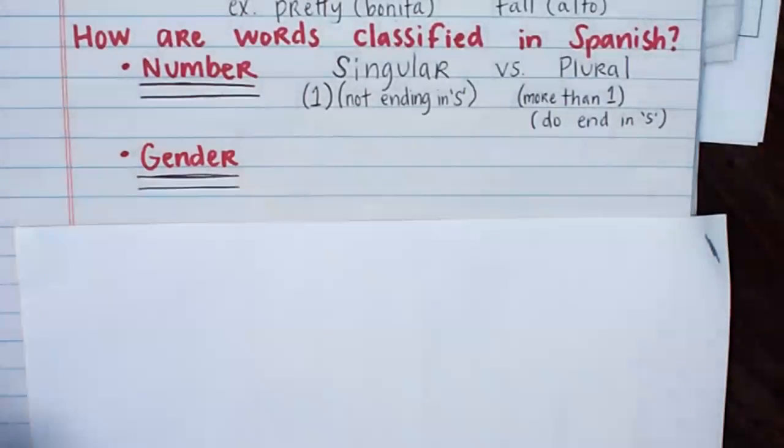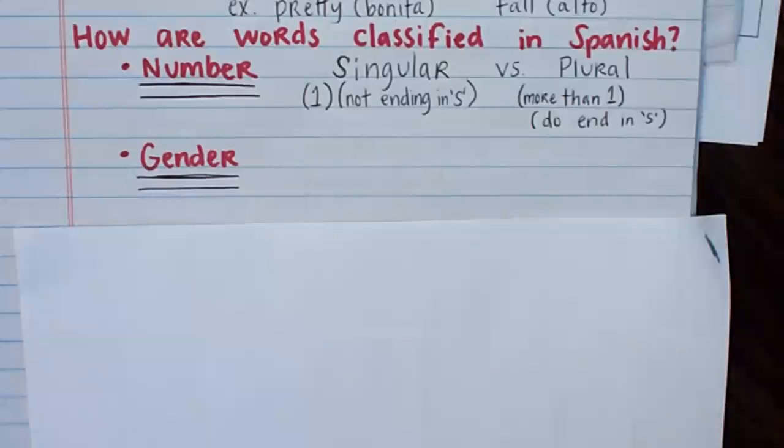Now, this is a completely foreign concept to us as English speakers, because when we hear the word gender, we automatically assume it's referring to a girl or to a boy, which is sometimes the case in Spanish. All the words referring to boys happen to be masculine, and those referring to girls happen to be feminine. But gender is more of like a spelling issue.